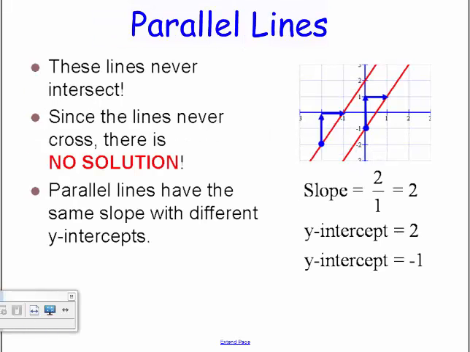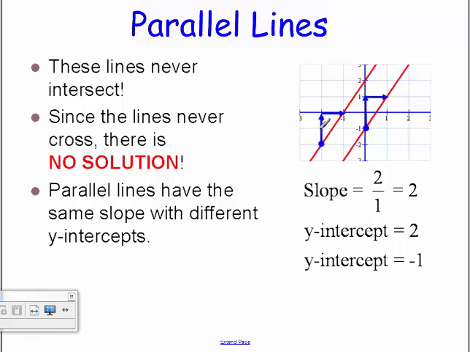The next type of solution is parallel lines. Parallel lines never intersect. Since the lines never intersect or cross, there is no solution, meaning the answer for parallel lines is no solution. Parallel lines have the same slope, but different y-intercepts.